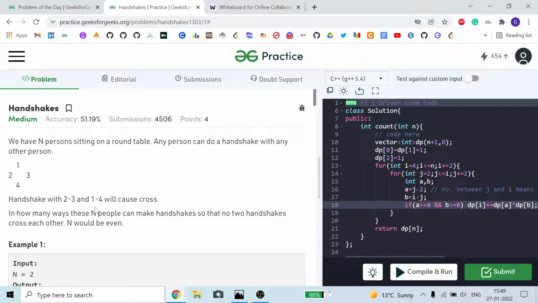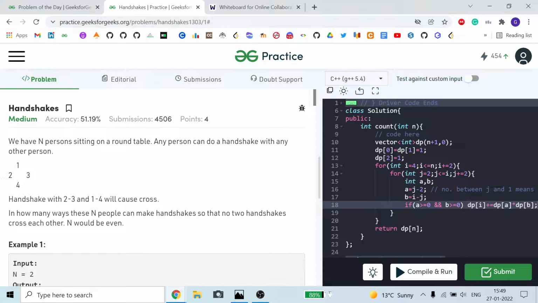If our circular representation of our n persons is like this, then 2 and 3 cannot handshake and 1 and 4 cannot handshake, because it will produce a cross.